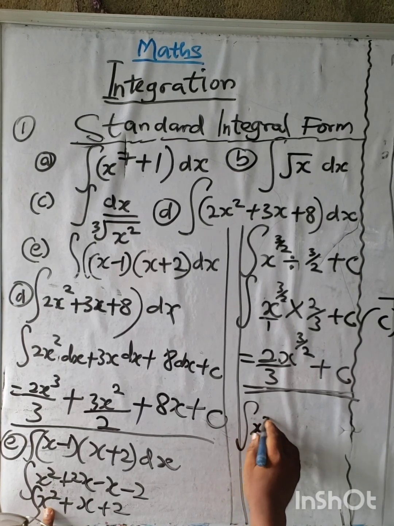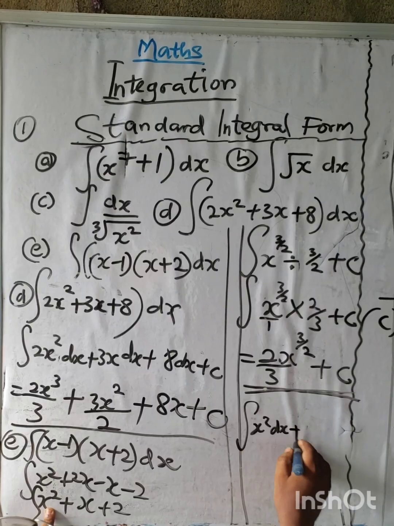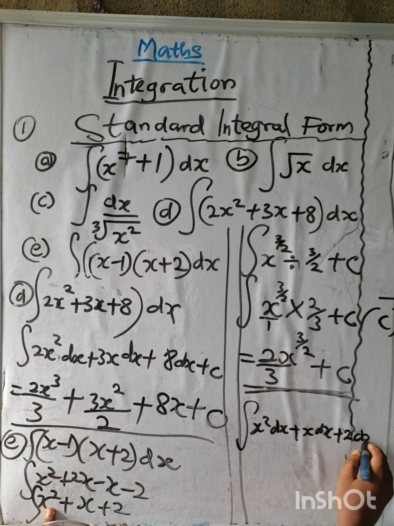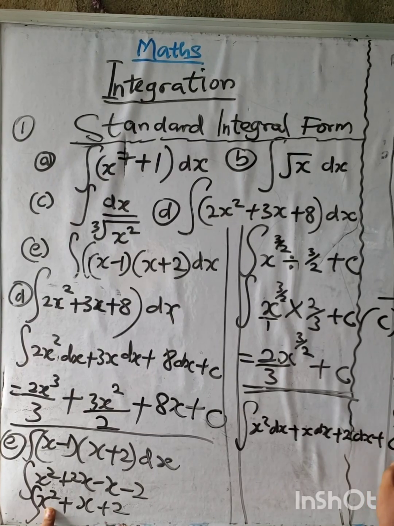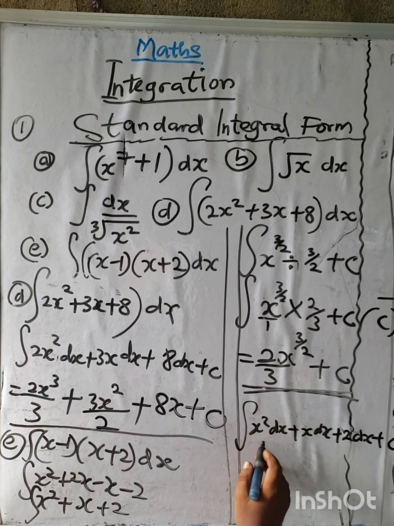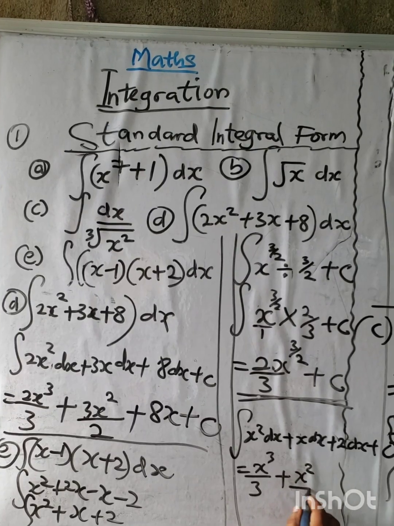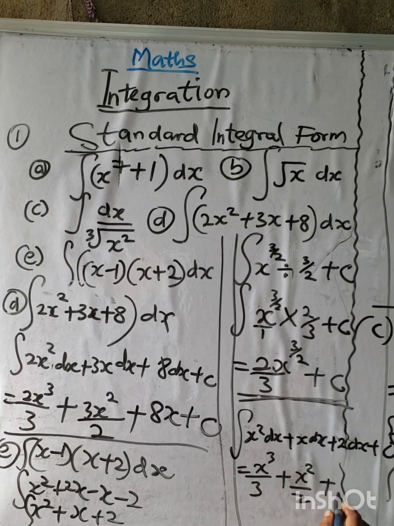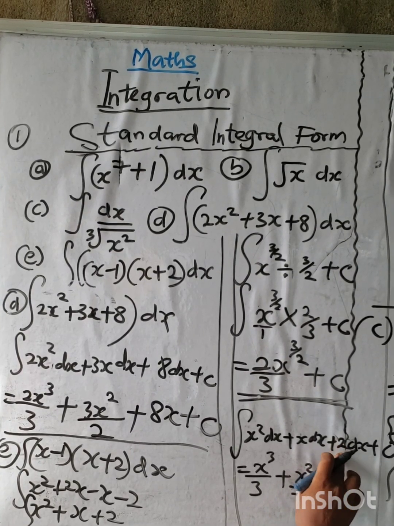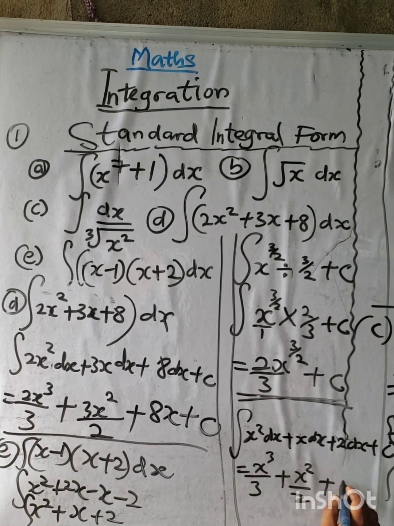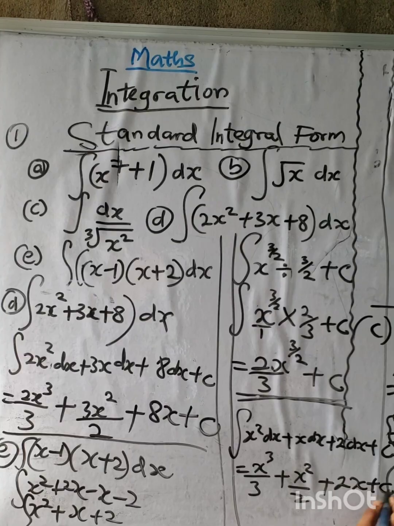This will be s square ds plus s ds plus 2 ds plus c for the constant. Therefore, the integral of s square will be s raised to power 3 divided by 3 plus s square divided by 2 plus the constant, it will become 2s plus c.